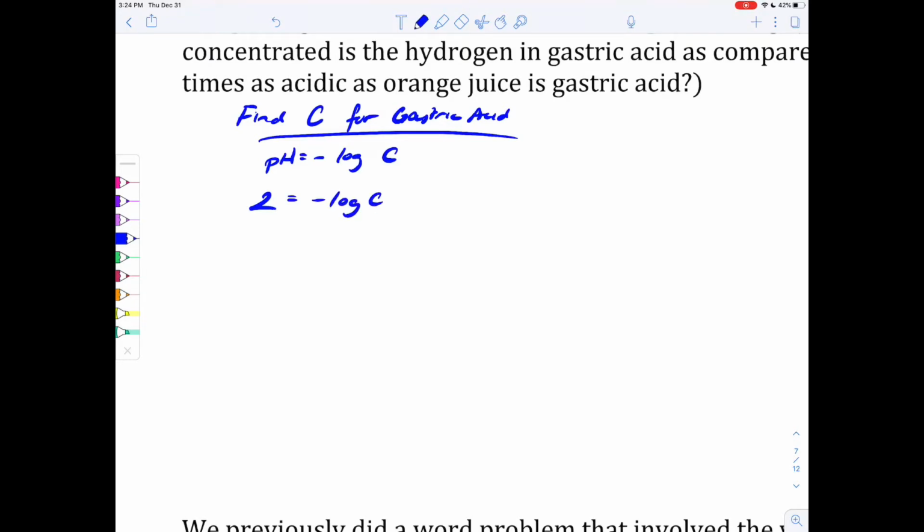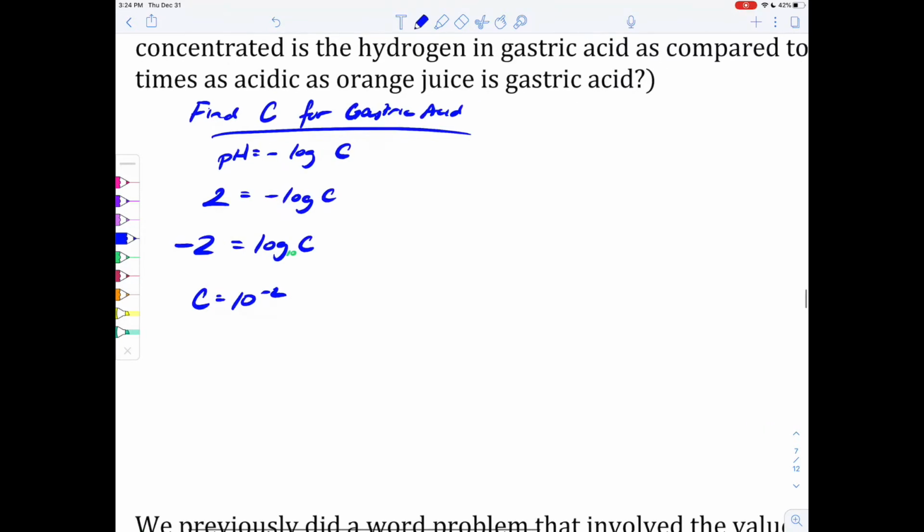So that's the negative log of C. And then to get C, we'll isolate slowly. Remember, we have a little invisible base of 10. So we can say that C is equal to 10 to the negative 2.